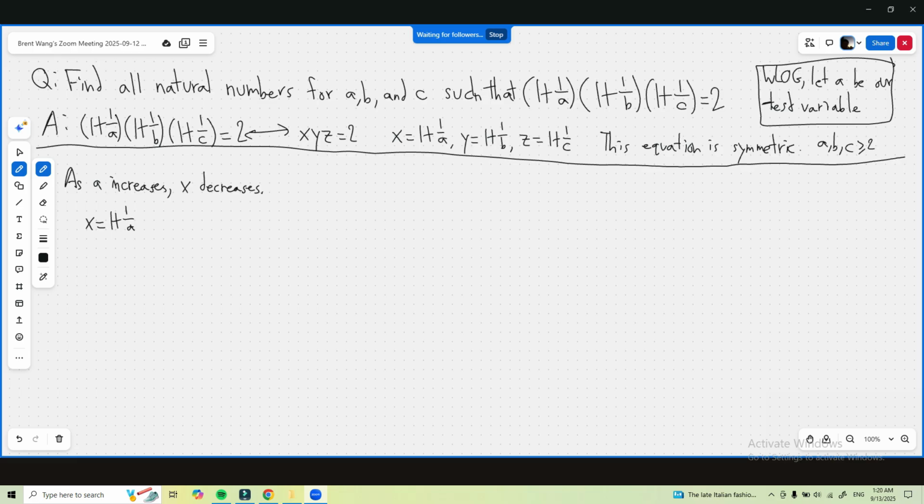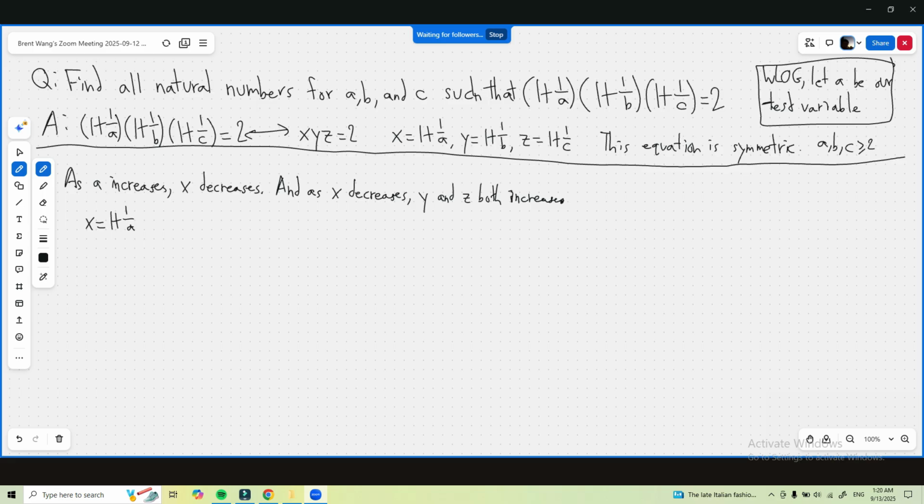And so, as x decreases, y and z both increase. Both increase. I apologize for my handwriting. Please forgive me, guys.